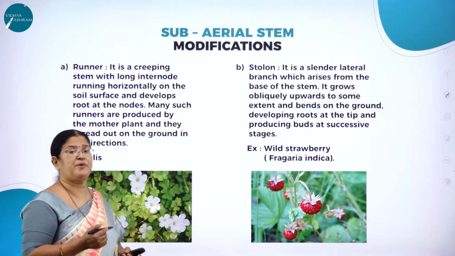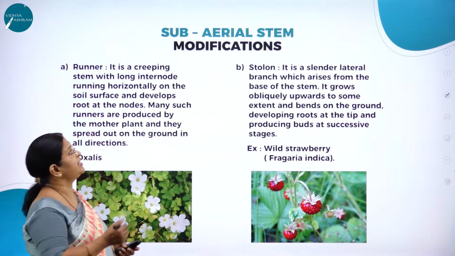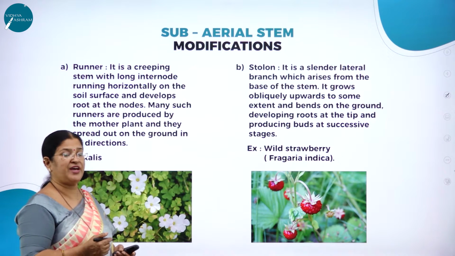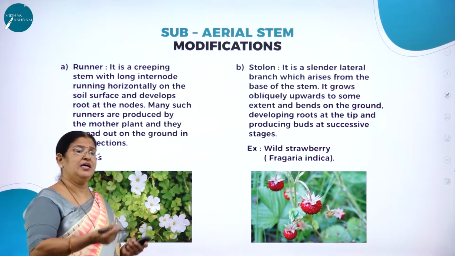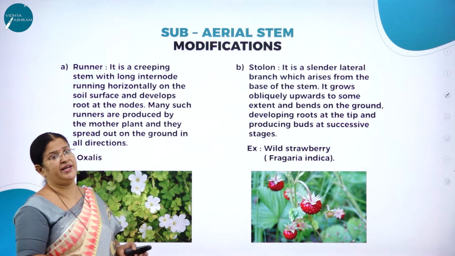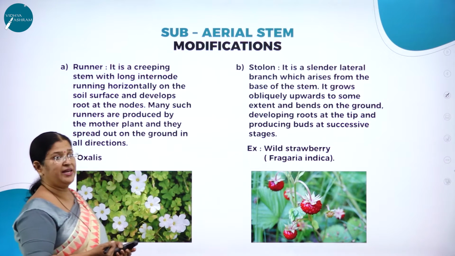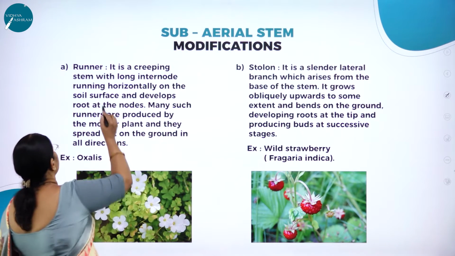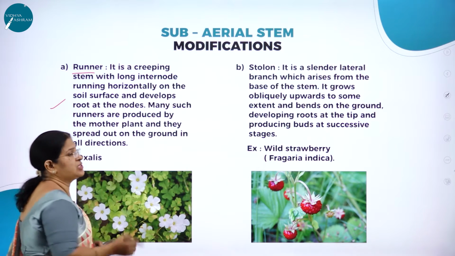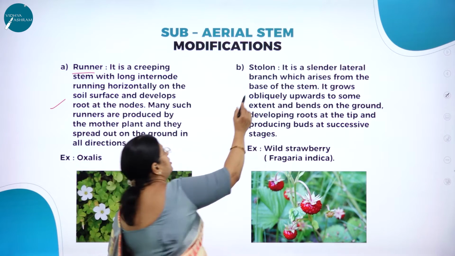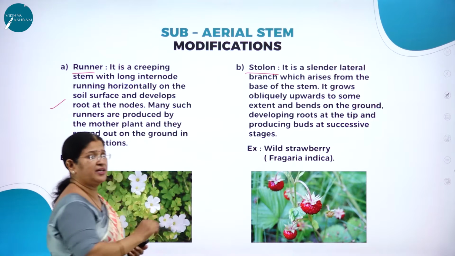Moving on to the next part of stem modification, that is the subaerial stem modification. As I said, what do you mean by subaerial? Neither underground nor aerial. Hence it is called subaerial stem modification. What are the examples you are going to learn? One is called runner, the other is called stolon. What is a runner?